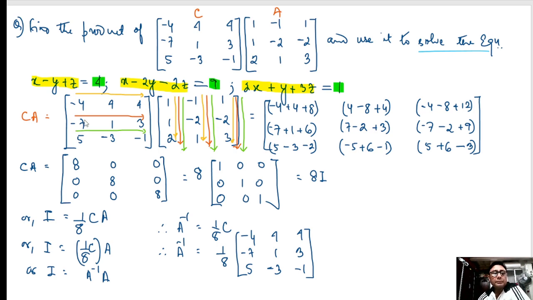Now we will do minus 7 into 1 plus 1 into 1 plus 3 into 2, which is this. Now we will do minus 7 into minus 1, 1 into minus 2 and 3 into 1, which is this. And now we will do minus 7 into 1 plus 1 into minus 2 plus 3 into 3, which is this.